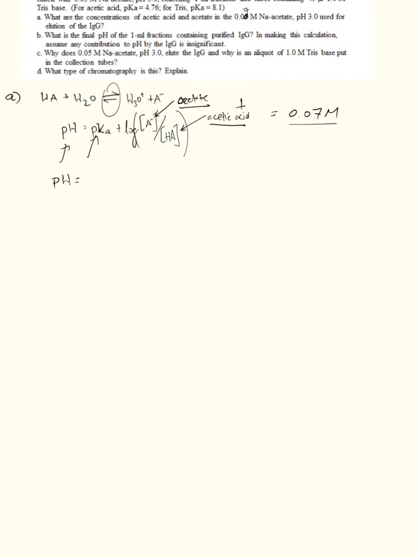So you have pH equals pKa plus log, and I have acetate on top, the acetate concentration. Now you know acetate plus acetic acid is 0.07, so acetic acid is essentially 0.07 minus acetate.